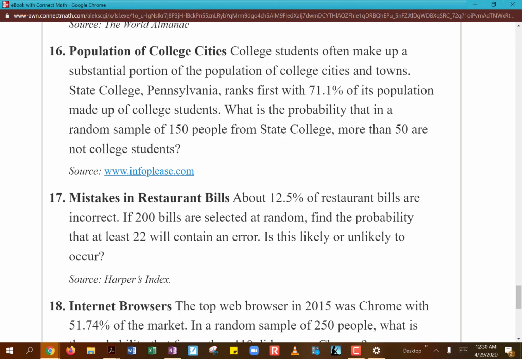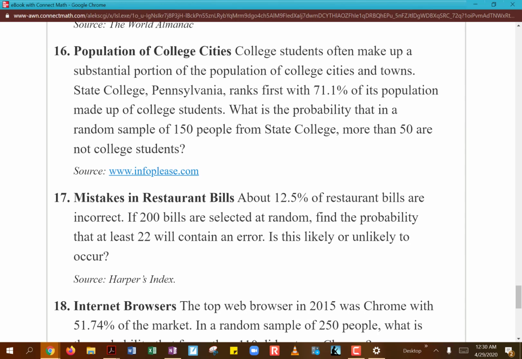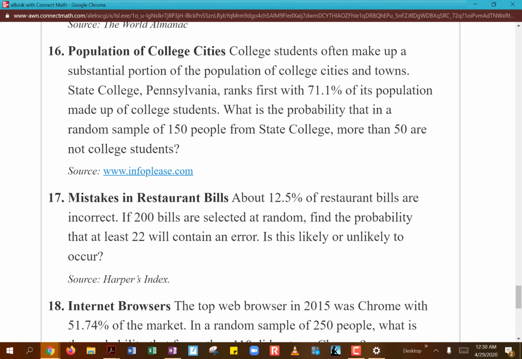college students. Okay, so our event here is that more than 50 people will not be college students if we select 150 randomly. They're giving us the population that makes up college students. If you're finding the probability that more than 50 of these randomly selected people are not college students, that actually means 71.1% is the probability of failure.